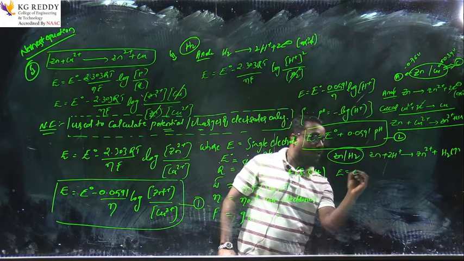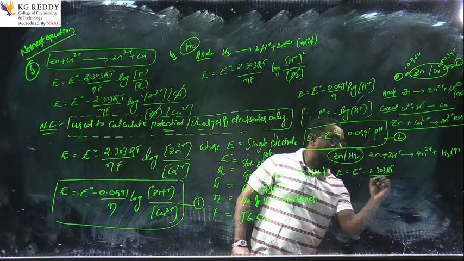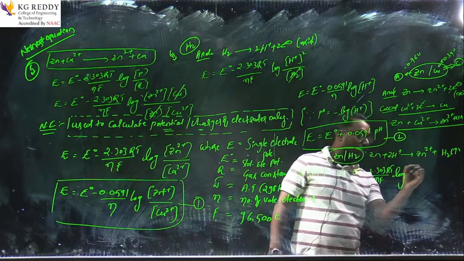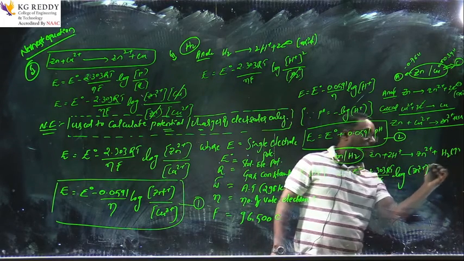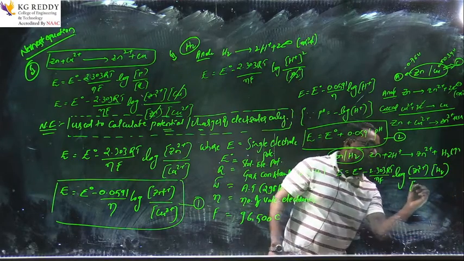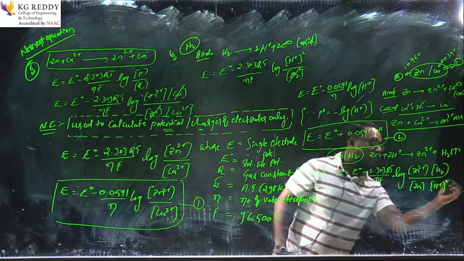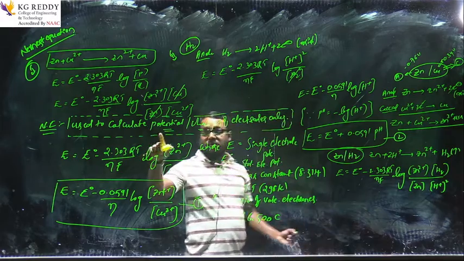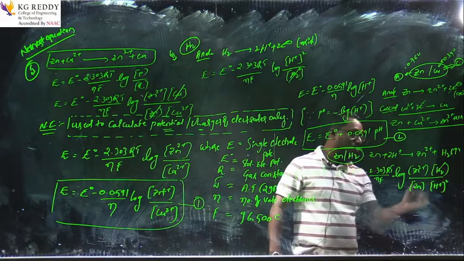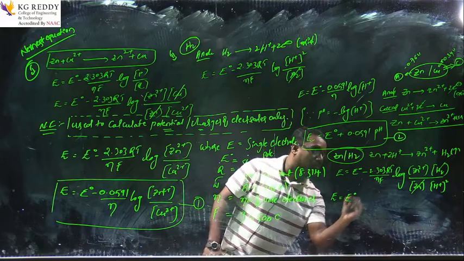We know that E equals E naught minus 2.303 RT by nF, times log of the concentration of Zn2+ and the concentration of hydrogen gas divided by the concentration of zinc and the concentration of H+ whole square. The Nernst equation is used to calculate the potentials or charges of electrodes. Hydrogen doesn't have any charge, and zinc also doesn't have any charge. Therefore the equation will become E naught.